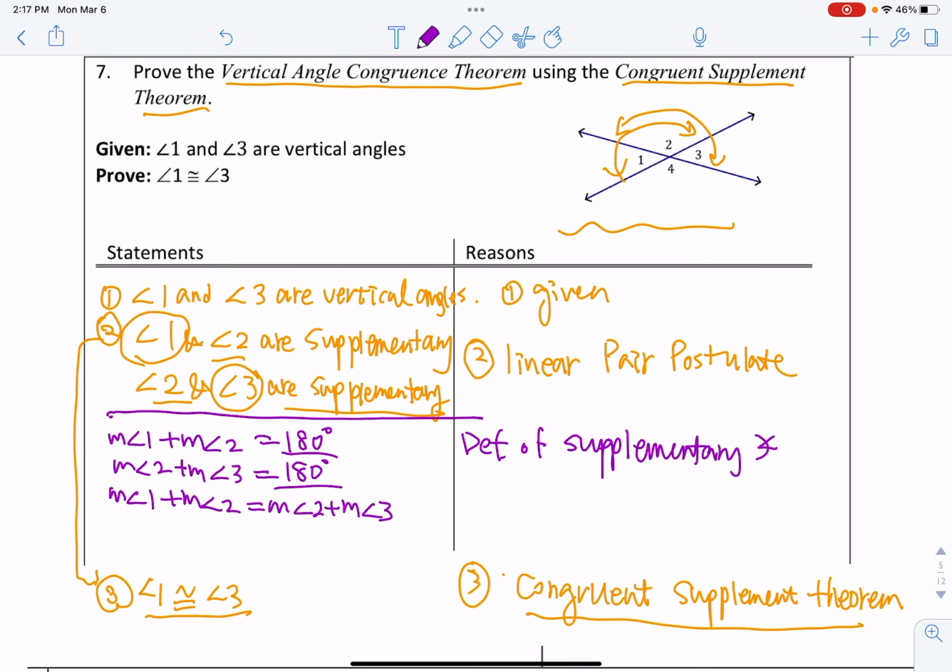We can say substitution, or we can say transitive property of equality. And those angle 2s are the same on both, so you subtract measure of angle 2 from both sides. So you can conclude measure of angle 1 equals measure of angle 3 by the subtraction property.